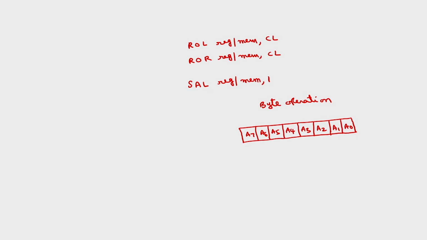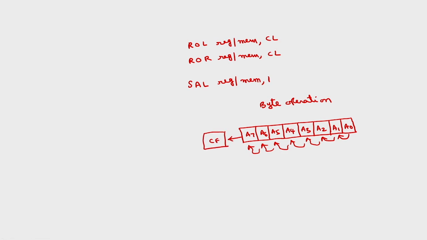If it is a rotate operation instead of shift, same, the contents of A0 will move to A1, A1 to A2, A2 to A3, A3 to A4, A4 to A5, A5 to A6, A6 to A7. Here also the same operation, but the only difference will be the contents of this A7 will, in case of shift operation, move to carry flag.